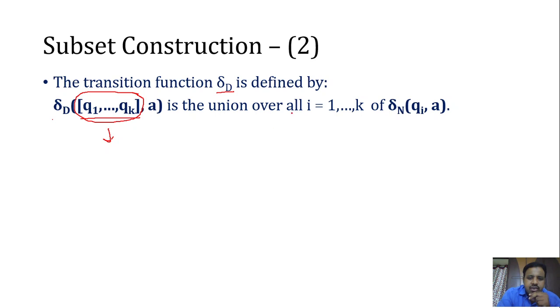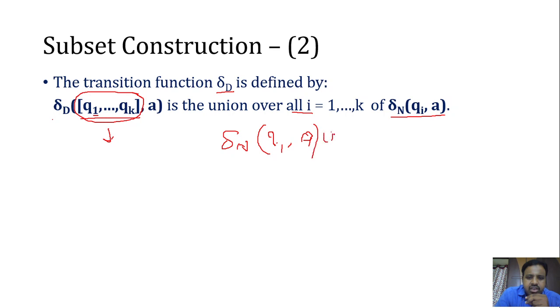It is the union over i equal to 1 to k of delta n of qi comma a. So what we need to do is take the union. How do we take the union? First, delta n of what is the first state that we are having? Q1. So delta n of Q1 comma a, the input.